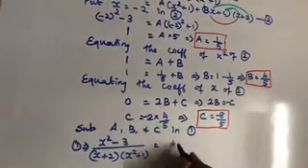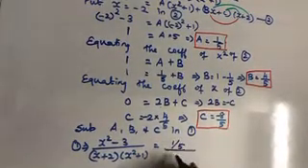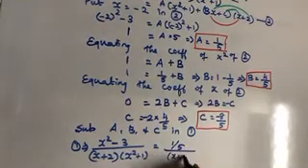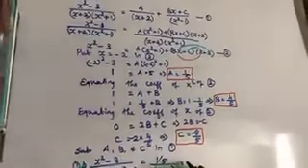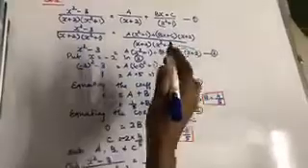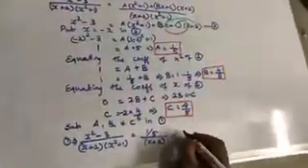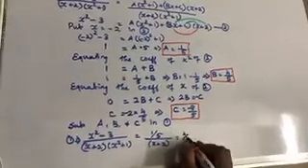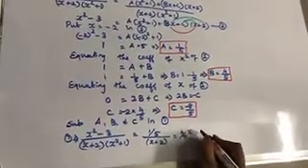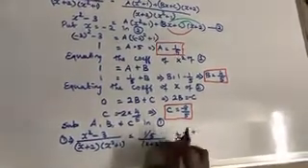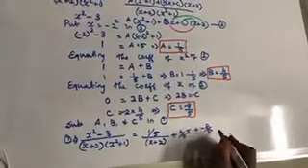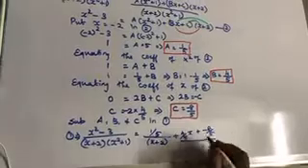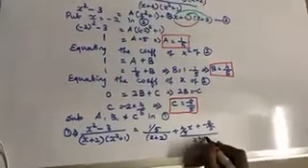So 1 by 5 into 1 divided by x plus 2, and b is 4 by 5, so 4 by 5 x plus c, c is minus 8 by 5, the whole thing divided by x square plus 1.